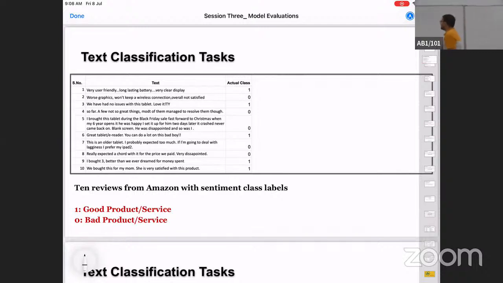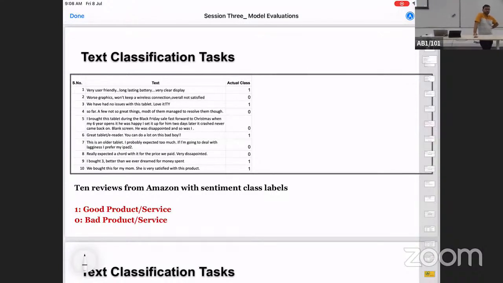Assume that these reviews you are seeing here are taken from the Amazon website, not Amazon India but Amazon United States. These are just 10 reviews which I randomly picked, and for each review we have also assigned a class, whether that review is a positive review or a negative review.